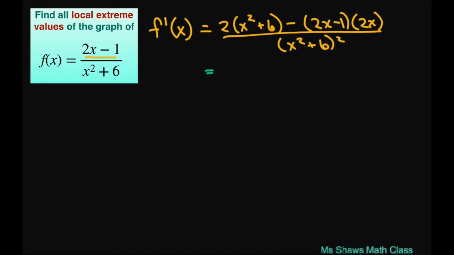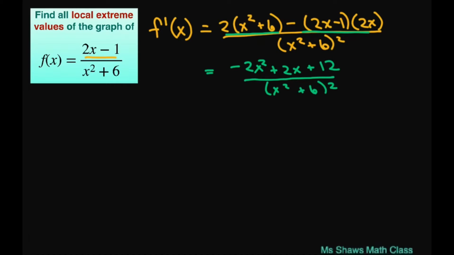If we fix this up, this is going to give us negative 2x squared plus 2x plus 12, divided by (x squared plus 6) squared. And so I just combined all of this together.